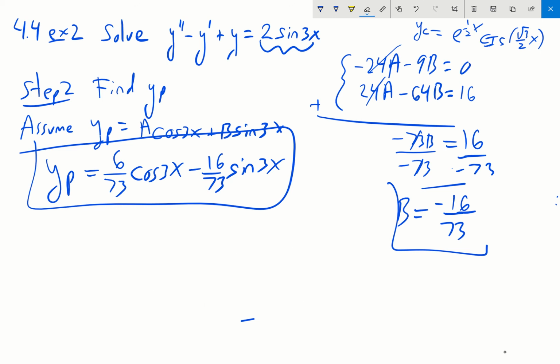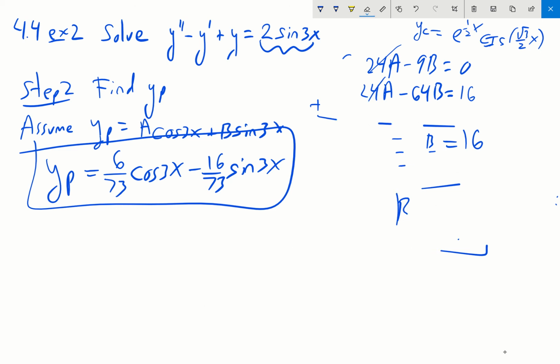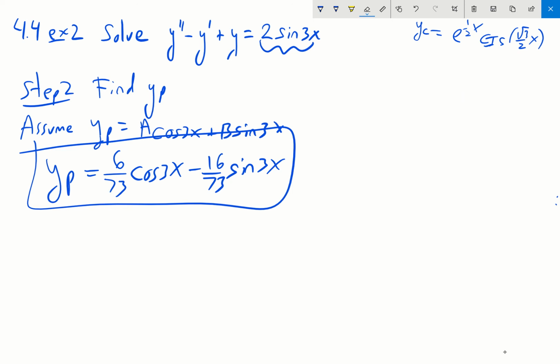The last thing we're going to do is put it all together and write out the general solution to our differential equation. As we said a moment ago, the general solution is simply the complementary solution plus the particular solution.